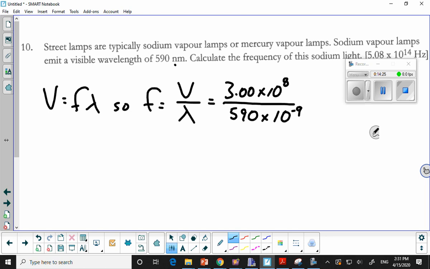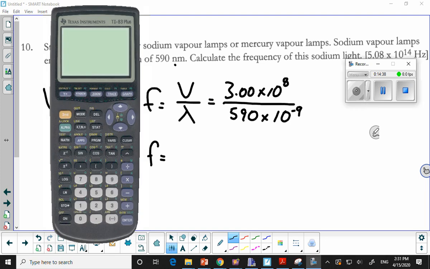If you wanted to go 5.90 times 10 to the minus 7, that would be true. But don't mess with that. That's where you make a silly mistake quite often. So we're going to enter that into our calculator.